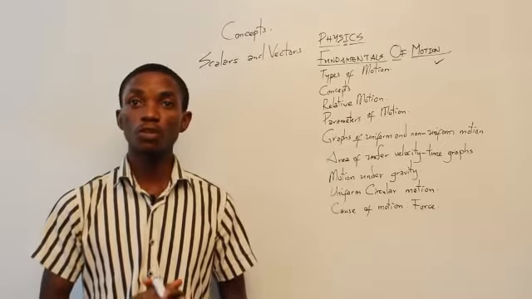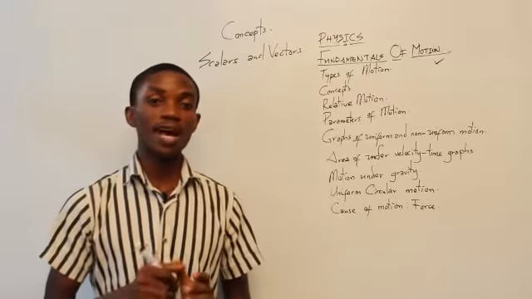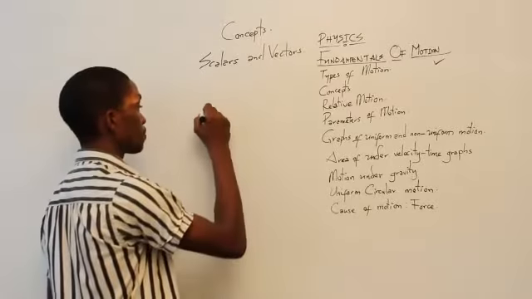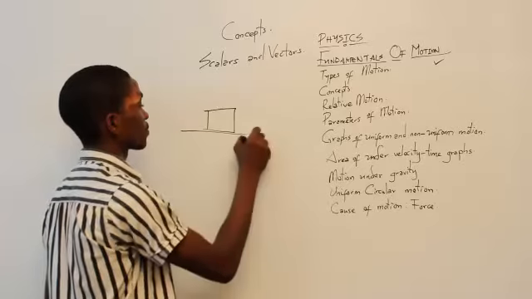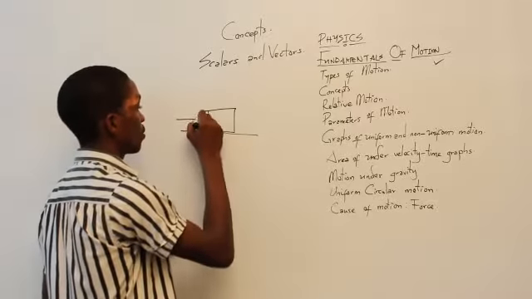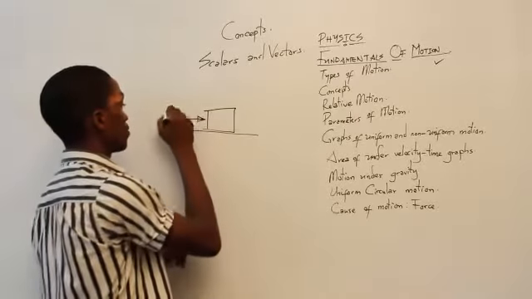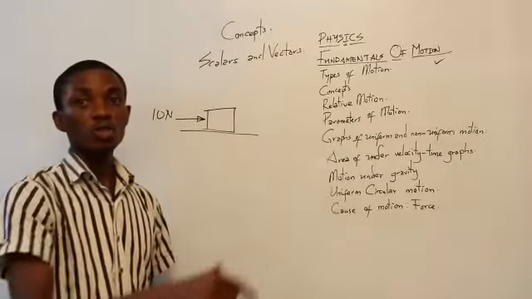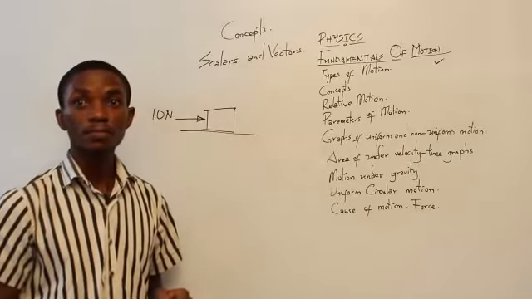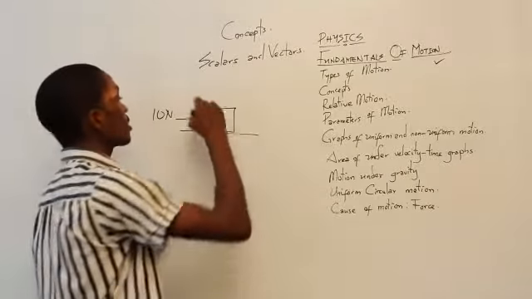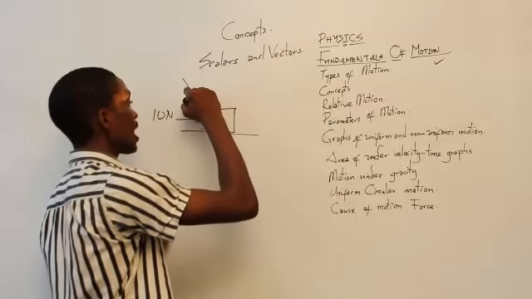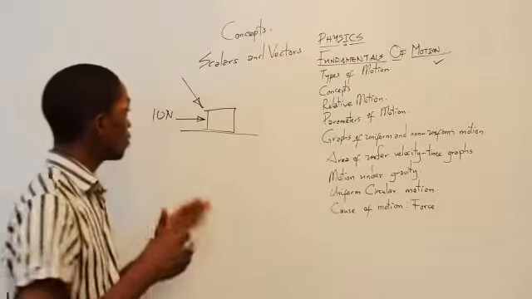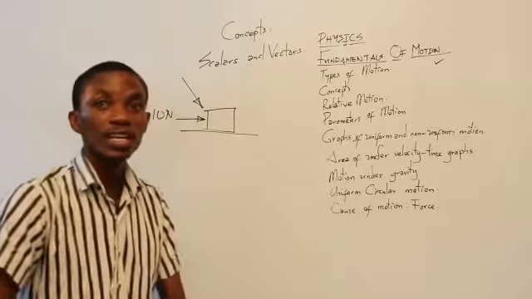For example, your force. You can apply a force of 10 newtons to push this body, and it would move effectively. But you need more force if you are pushing it from a direction like this, because you are now pushing it downward and forward.